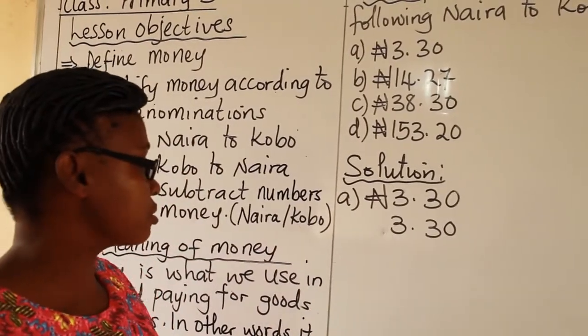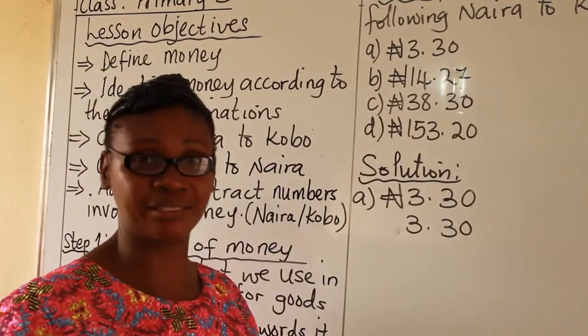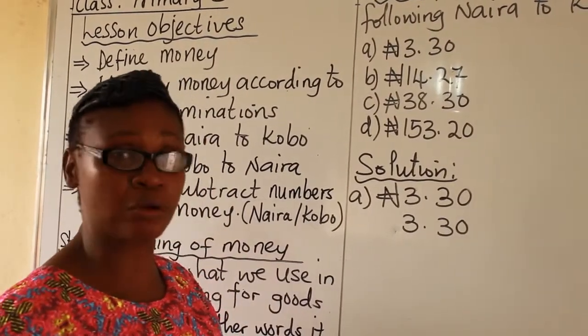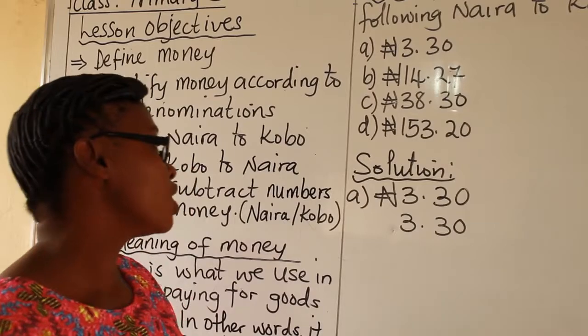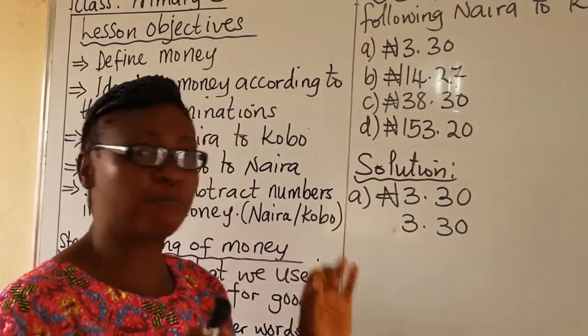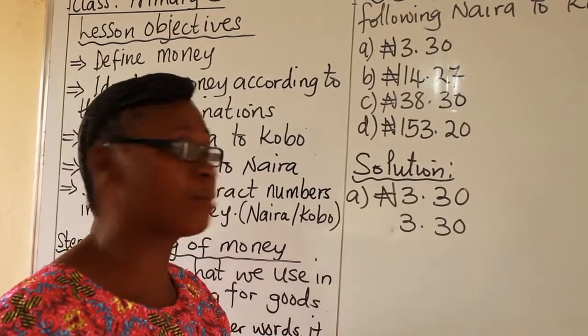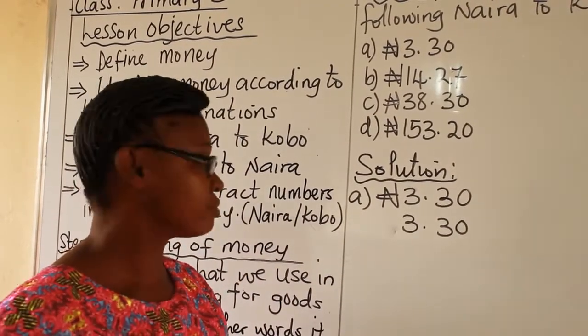There is a point in between the two numbers there, 3 and 3, you have a point. Now, for you to change to kobo, just simply remove the dot, the point, and make this number a whole number.